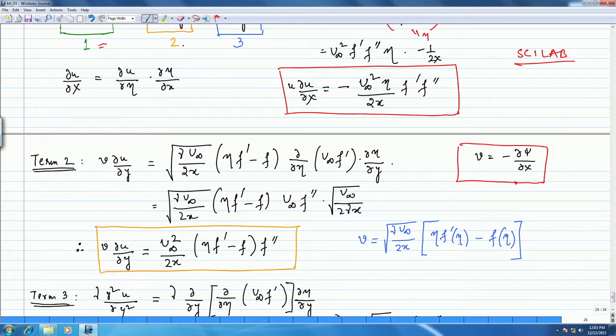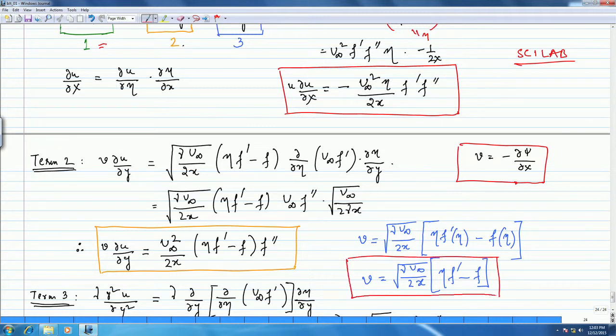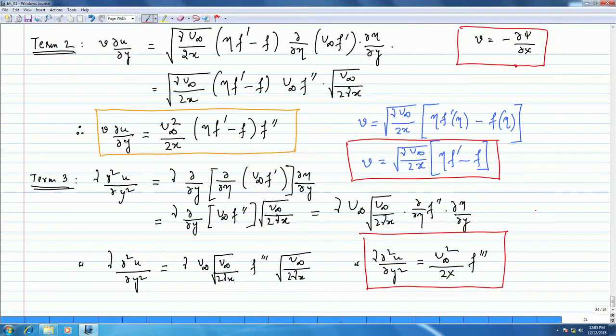Or basically you can just say that v is equal to nu u infinity by 2x, eta f dash minus f. So that is also something which is important to know. How did I get this? Well, I basically carried out this differentiation. I would suggest you please do it yourself. All right, so that is for v.